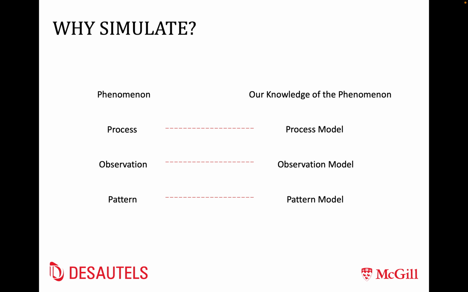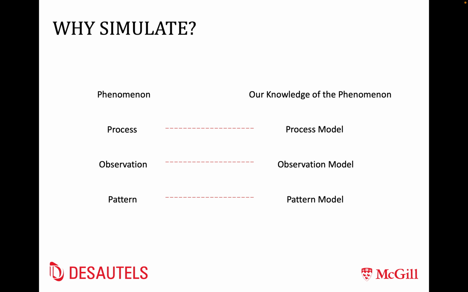Sometimes the sequence of things might matter, but importantly, these things aren't always linear sequences of events, right? So process models aren't necessarily always a chain of events. Sometimes they could be loops. Sometimes they could have more complexity. And when this happens, it's sometimes very hard to know or guess what the resulting pattern might be based on this kind of process model.